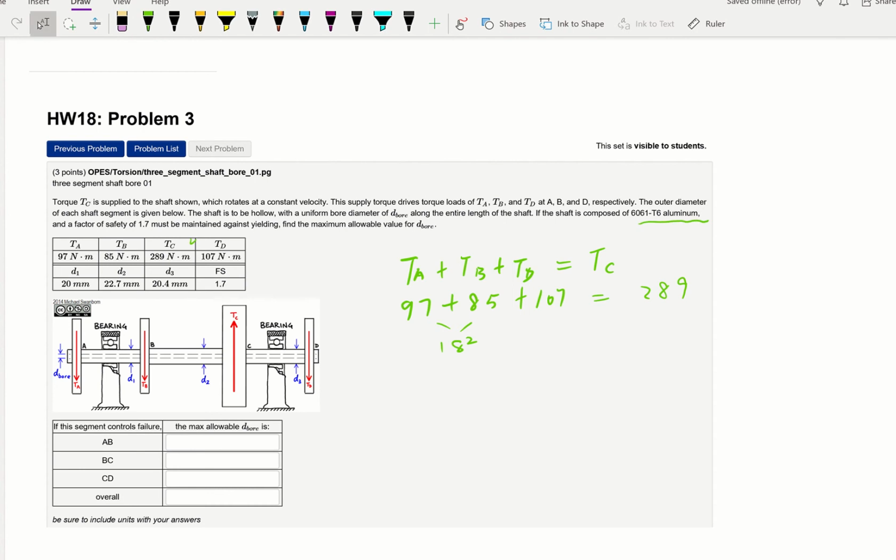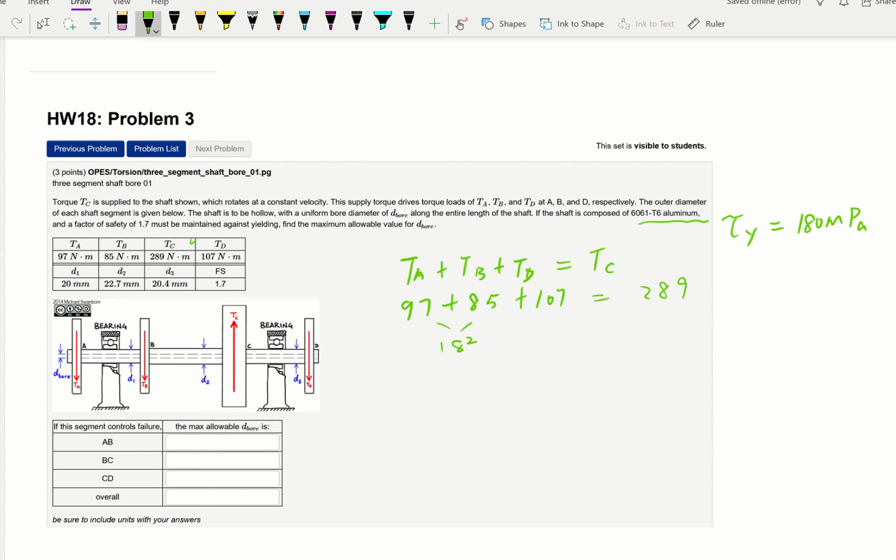aluminum. And by the way, for this one we need to know the yield strength for aluminum, and it's actually the yield shear stress, tau, for aluminum, which is going to be 180 megapascal for this material.